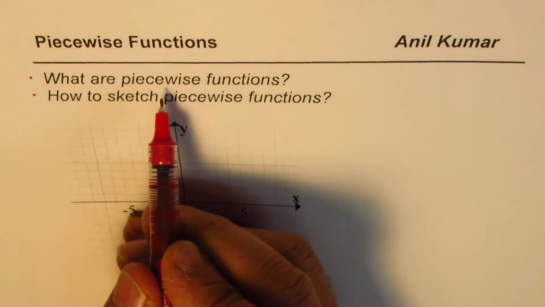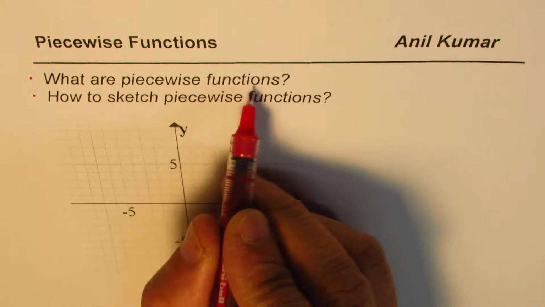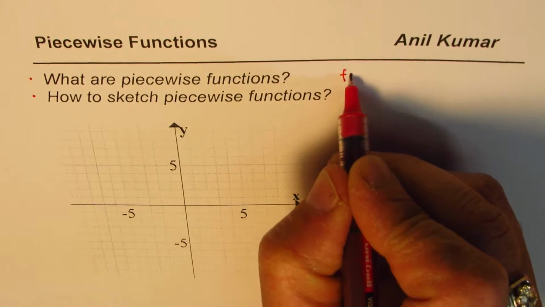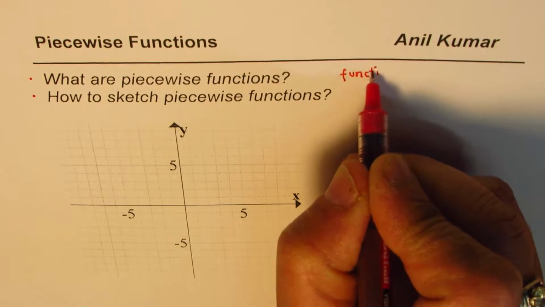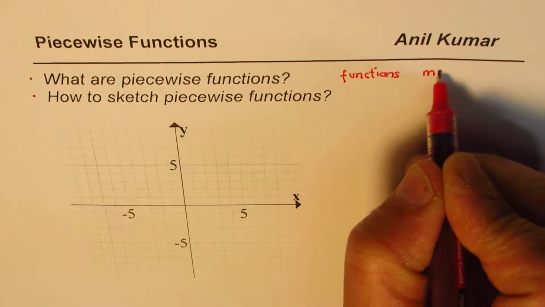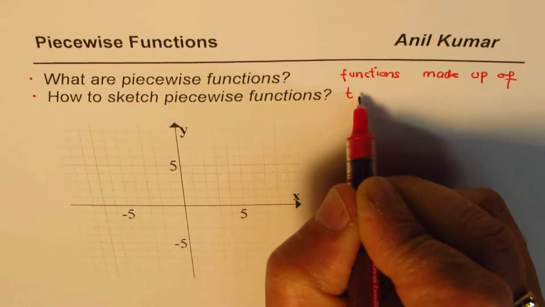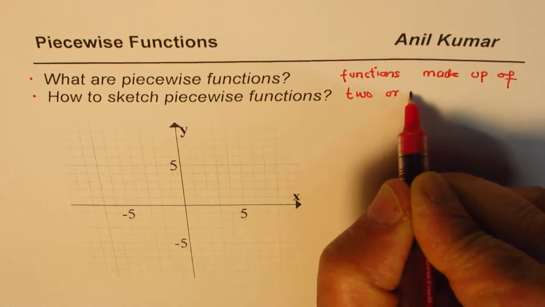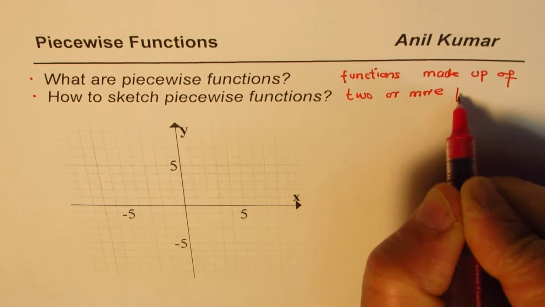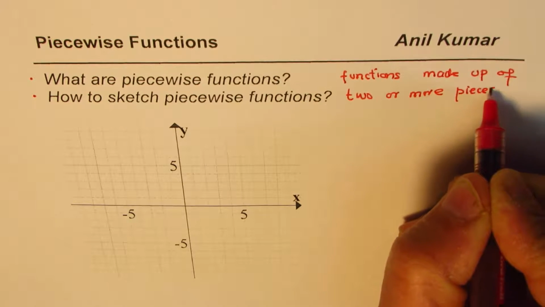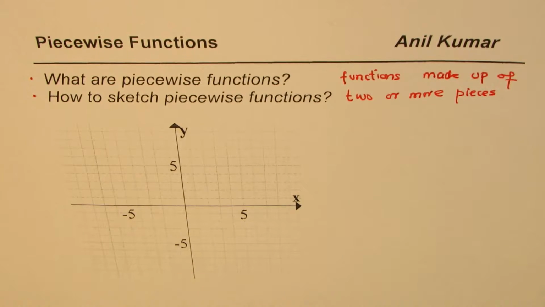Now, as the name suggests, piecewise functions means functions made up of two or more pieces. It's kind of like this. Let's take an example to move forward.